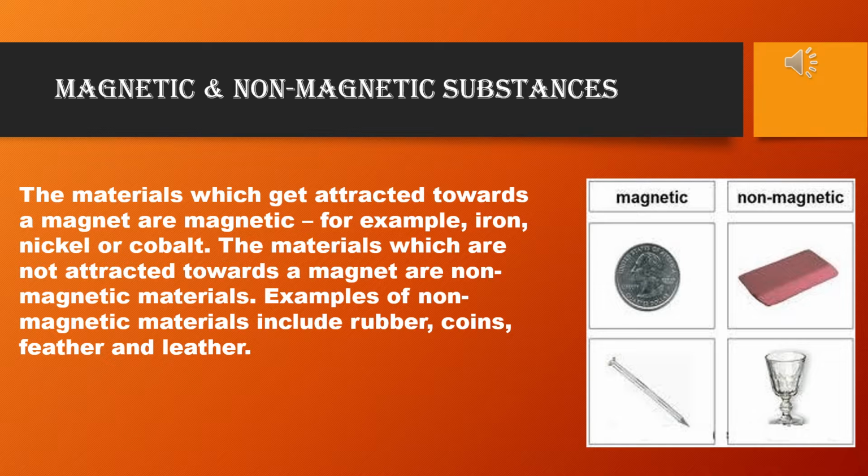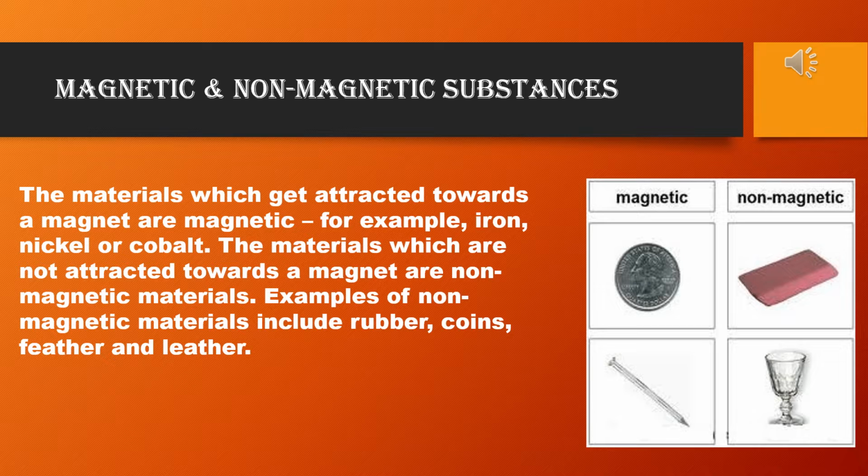So according to the magnetic properties, substances can be divided into two classes. One is magnetic substance and another one is non-magnetic substance. The substances which are attracted by magnets and which can be made into magnets are called magnetic substances. Iron, nickel, cobalt, etc. are some examples.